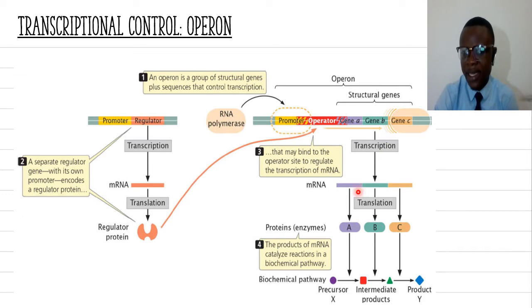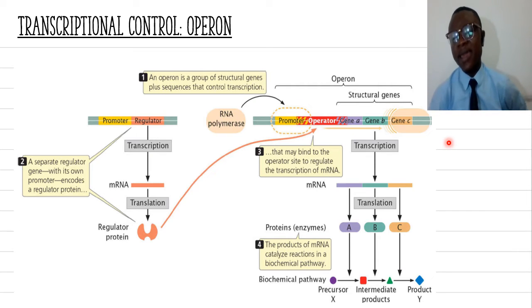The mRNA gets translated into different proteins or enzymes, and these enzymes go on to function in different metabolic pathways. So this is just a great schematic of the definitions that we've had, and it also helps you understand what an operon really is and those components that I usually discuss. So let's move on.